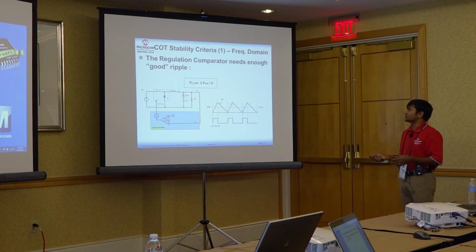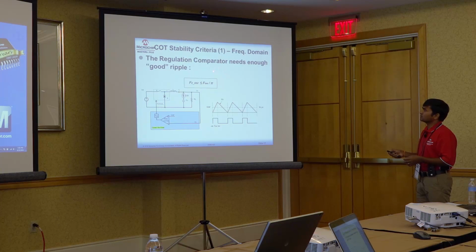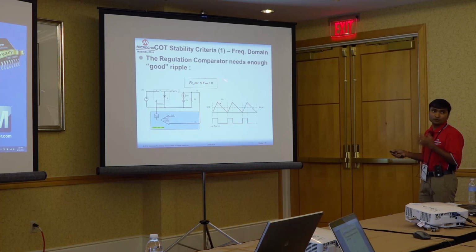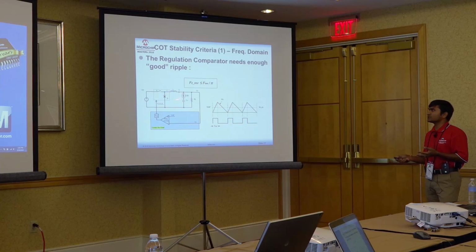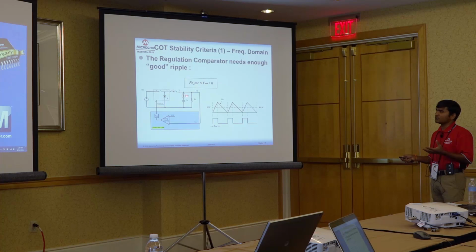constant on time architecture. We already know that the regulation comparator needs enough good ripple, which is 20 millivolts to 100 millivolts. The ESR ripple, the ESR is inherent in some of the capacitors, like the electrolytic capacitors.